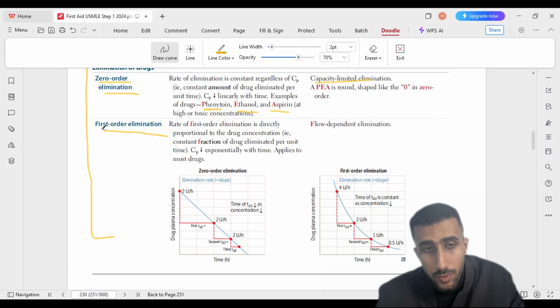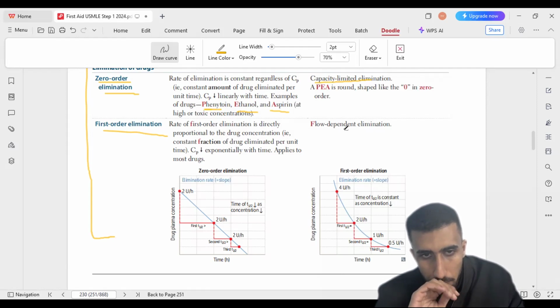But first order elimination is the opposite. The rate of first order elimination is directly proportional to the drug concentration. So if you put in more of the drug, the kidneys and the elimination will work harder and remove more. If you put in less, you will remove less.